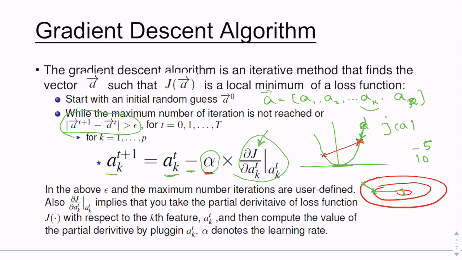As we proceed, we decrease the learning rate. So this is how the gradient descent algorithm works. You should know that this is a partial derivative. This term is a partial derivative of the loss function with respect to the kth parameter at iteration t.